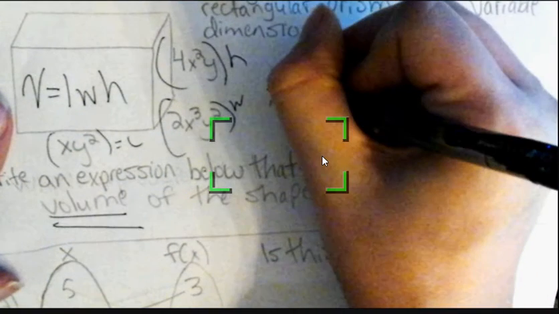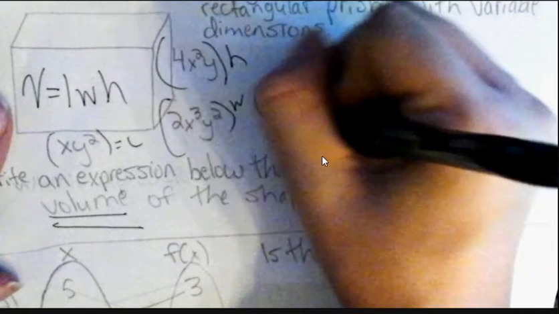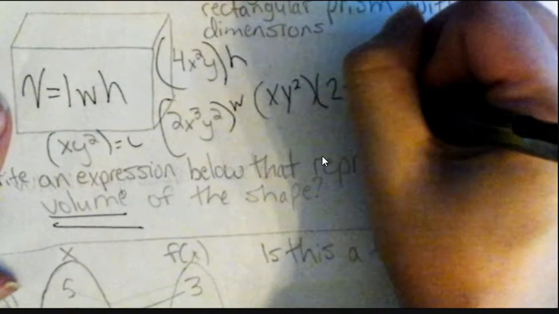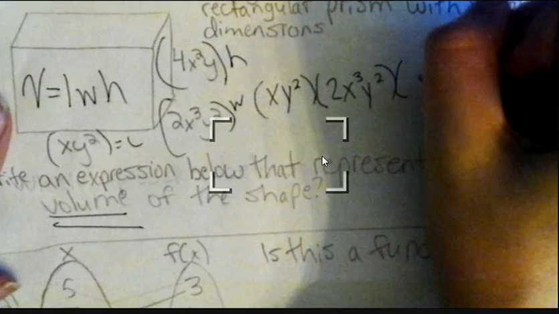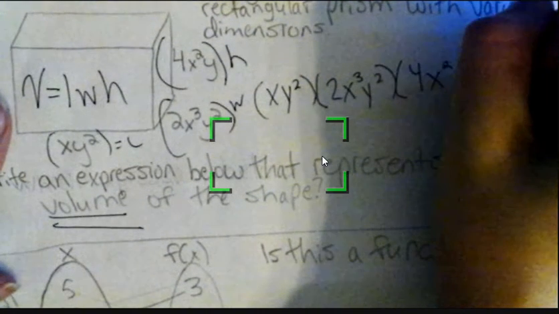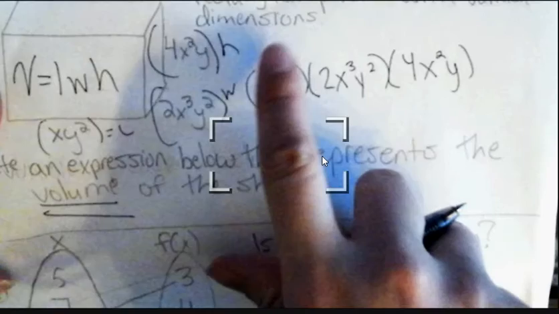So x y to the second power, times 2x cubed y to the second power, times 4x squared times y. When I'm multiplying, I multiply the coefficients first. So this would have a coefficient of 1 times 2 times 4 is 8.